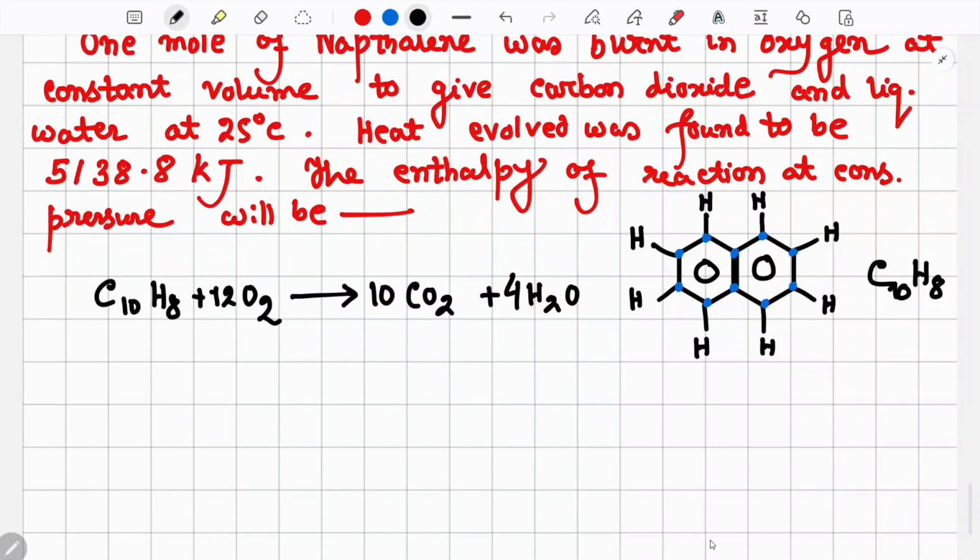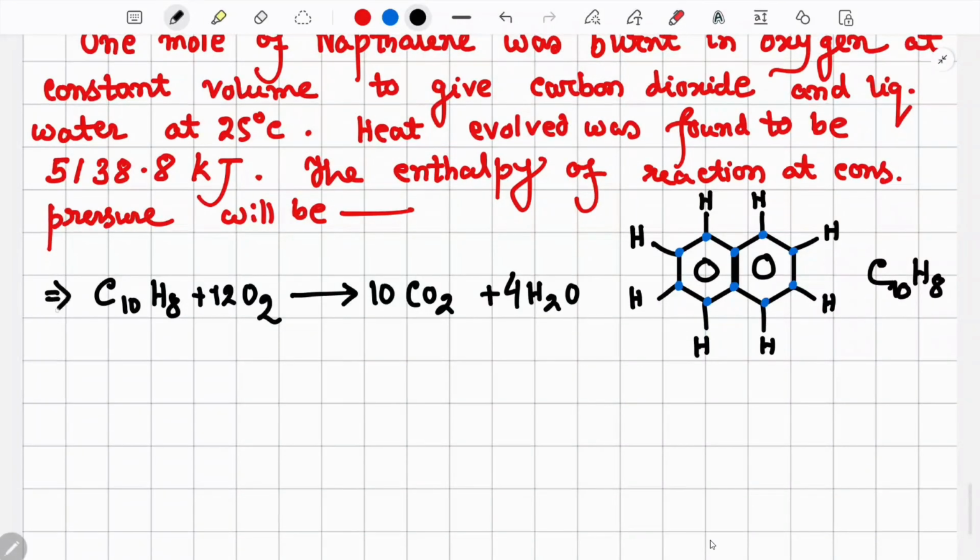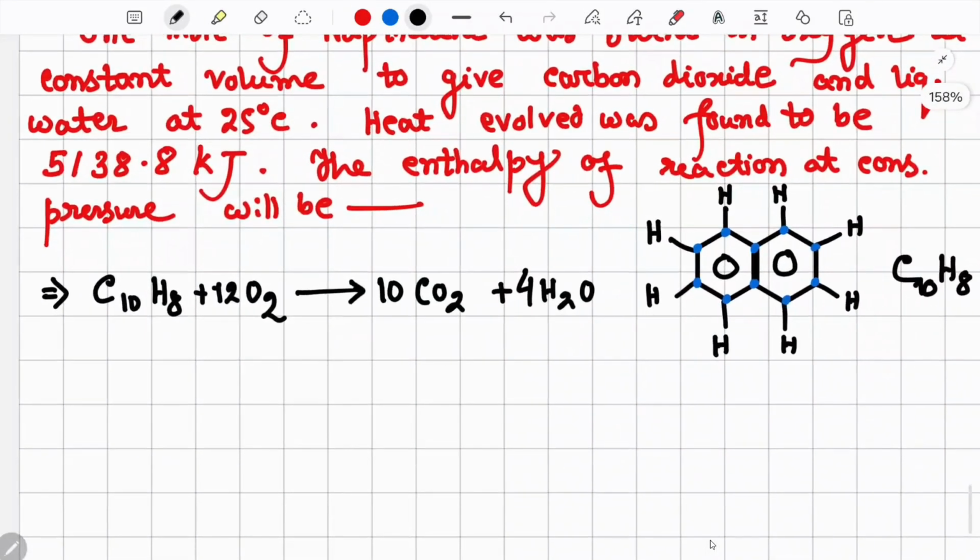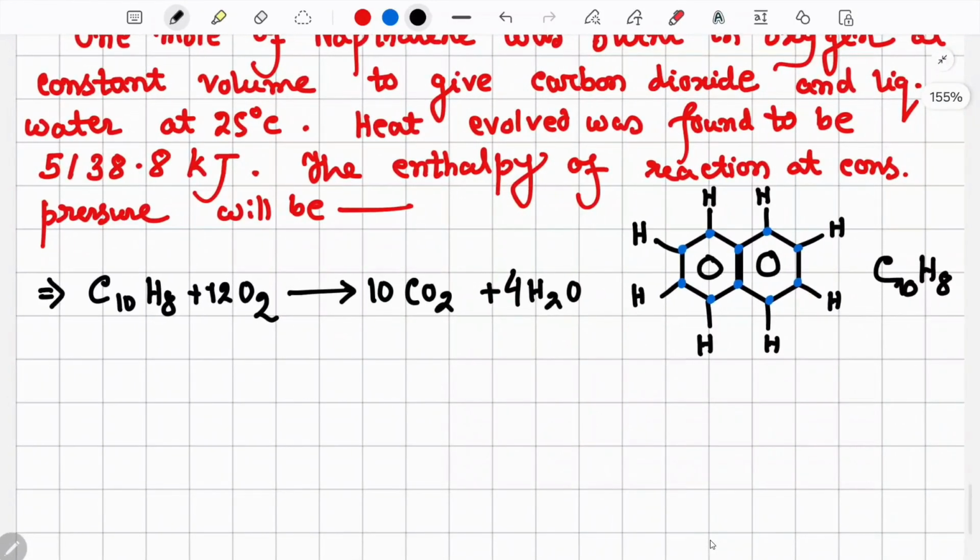How do we write this reaction at first? At first, I write the C10H8 plus O2. Then what will I write? You have to balance the reaction just like this. You know CO2 plus H2O will be formed, oxides will always be formed.